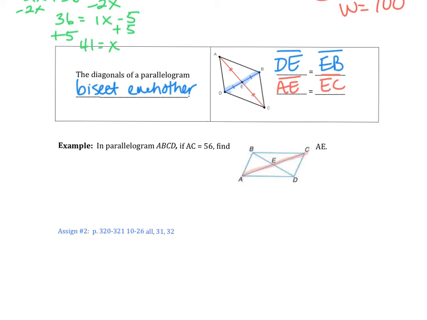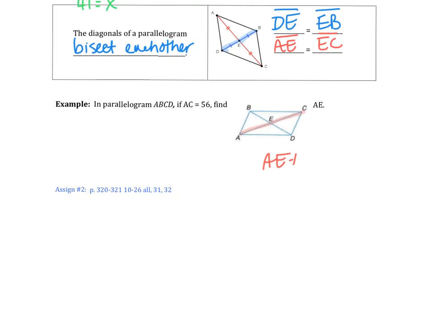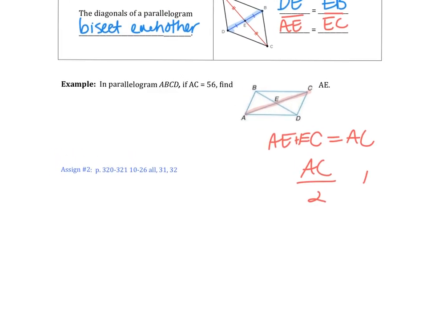So I know that AE plus EC has to equal AC, or I know that AC divided by 2 equals AE.